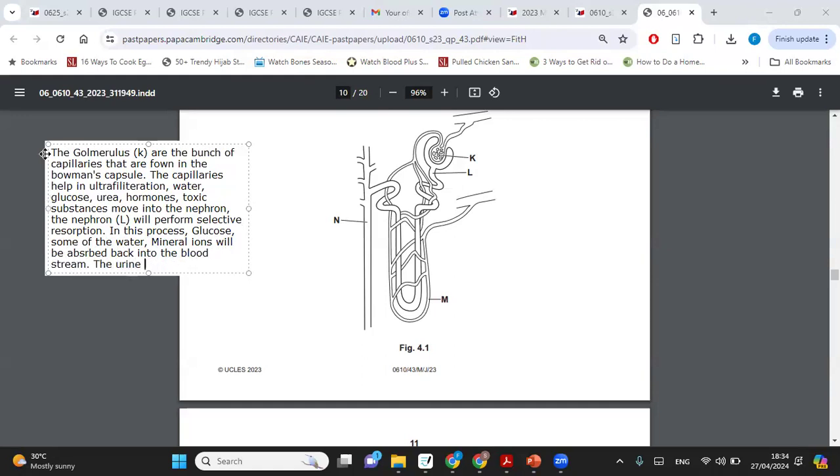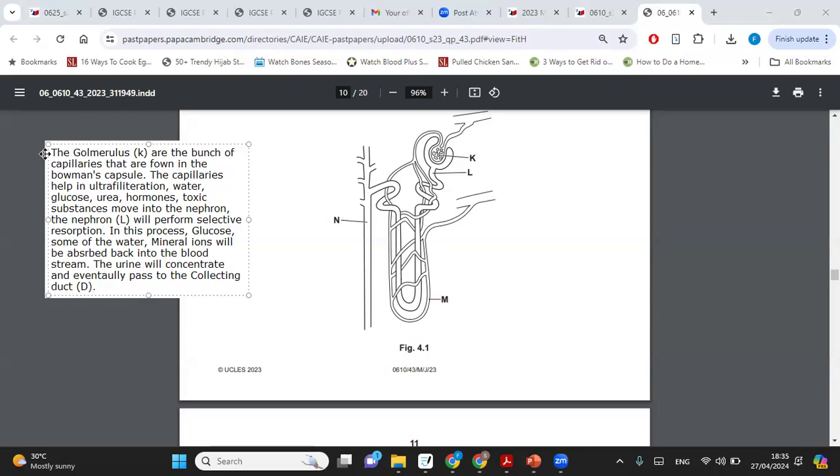The urine will concentrate and eventually pass to the collecting duct. So this is how you can answer the question.